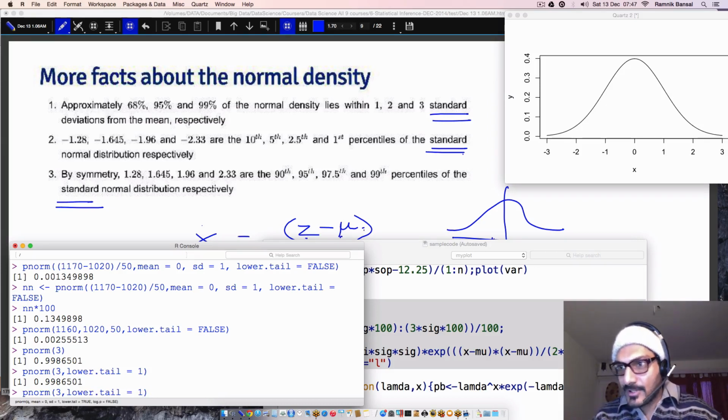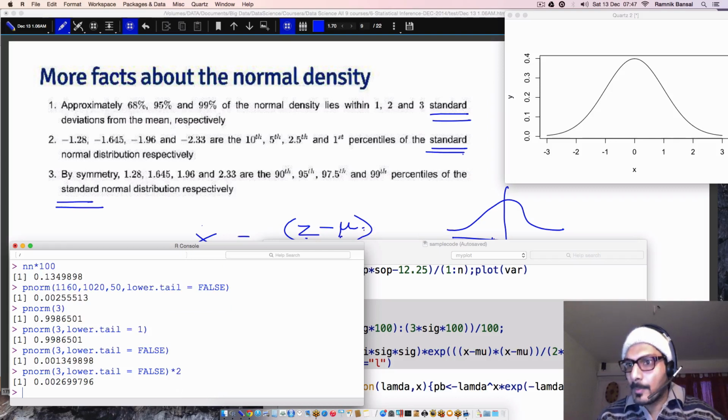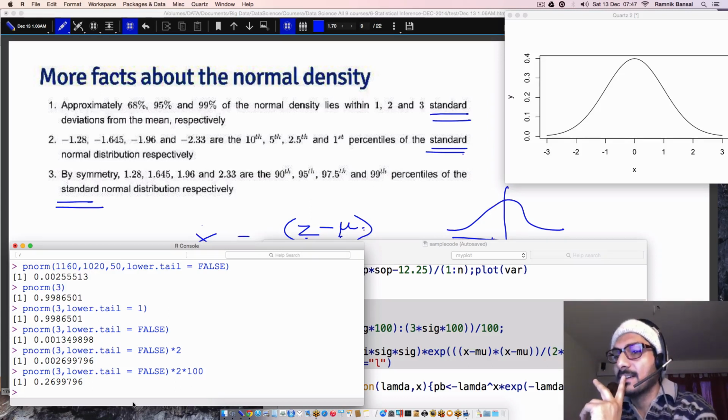If I say lower.tail is equal to false, I get this, and I multiply it by 2, and then multiply it by 100. So 3 sigma is actually 99.7%. Is this correct? Is 3 sigma equivalent to 99.7 percentile, and not 99 percentile?